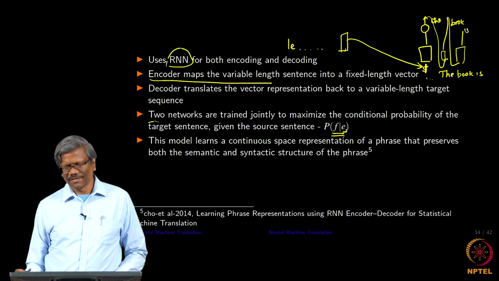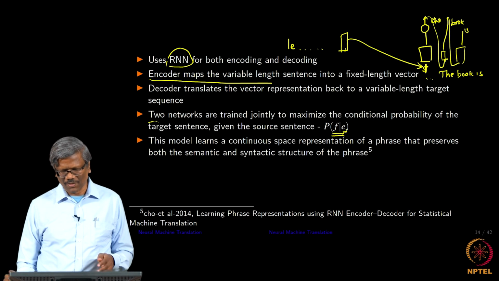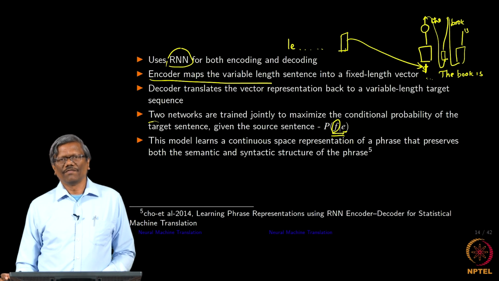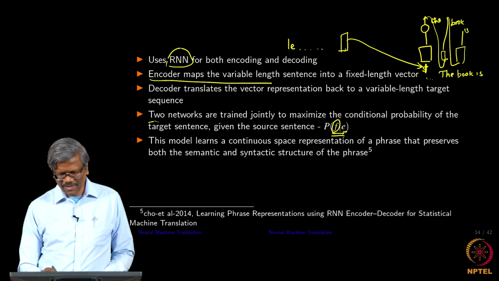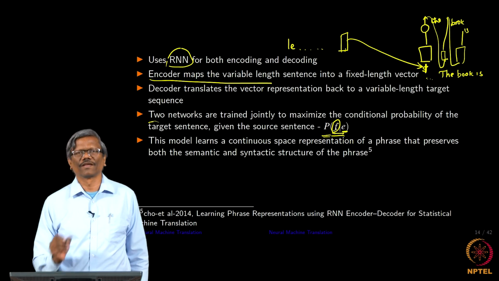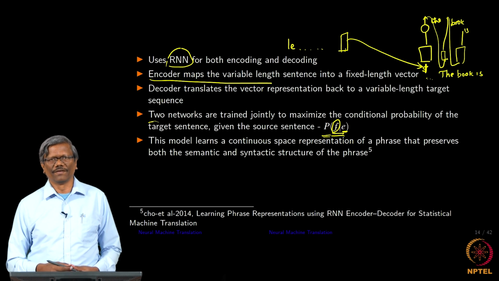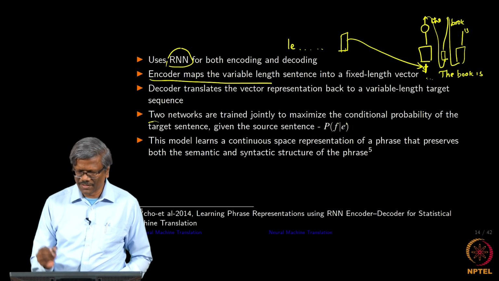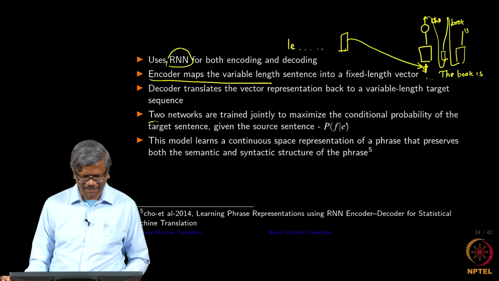Supposing you are inputting an English sentence into the encoder, we are expecting f as the outcome. So, the conditional probability is what we are estimating here. Given E, we are providing the probability of this particular sentence in French. That is what we are trying to estimate at the end of this.